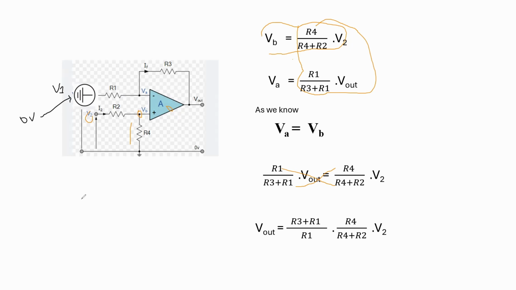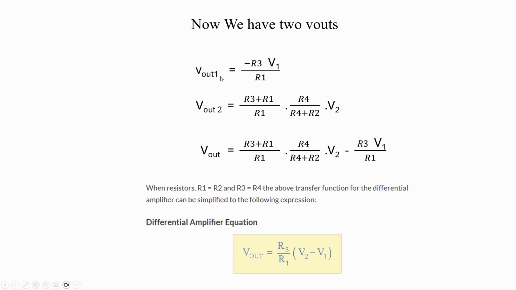Then we have two equations for Vout. This equation is obtained from grounding V2 and this equation is obtained from grounding V1.